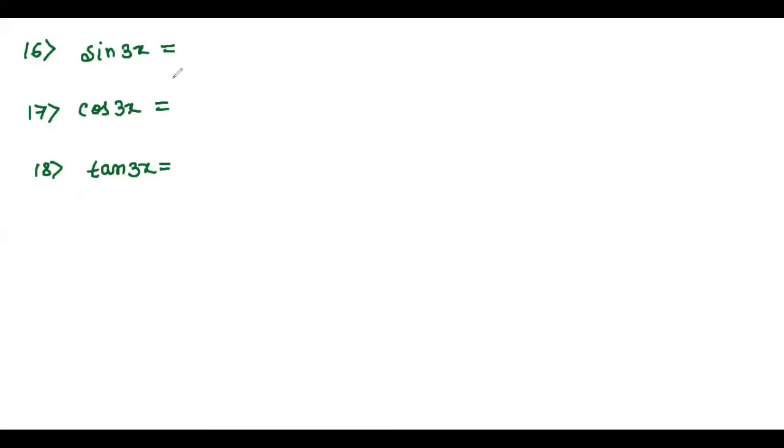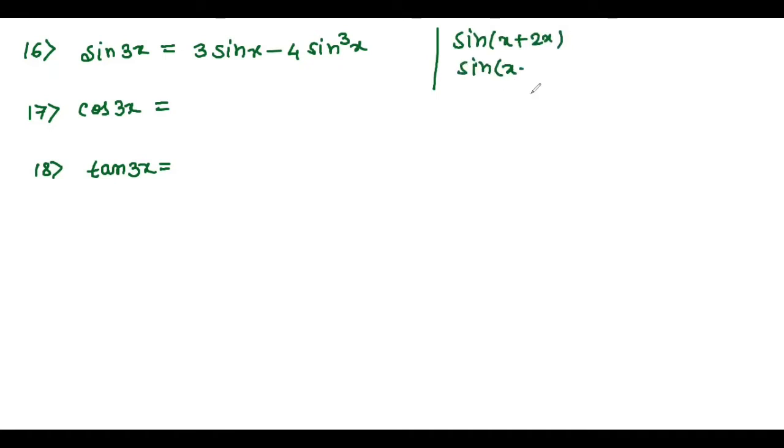Now next three, that is sin 3x. Sin 3x is 3 sin x minus 4 sin cube x. We can derive it also if we apply sin of x plus 2x, meaning x equals x, but in place of y I'm using 2x, and after that if I derive, I can get the right hand side value, 3 sin x minus 4 sin cube x.